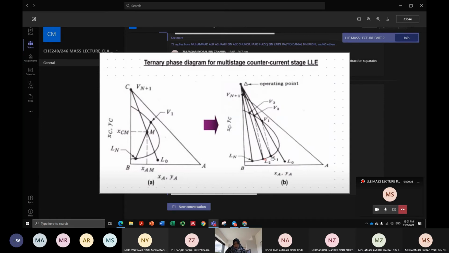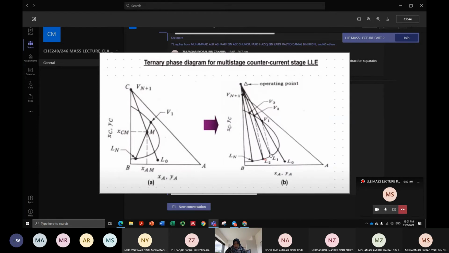Okay, first stage. So the next thing that you need to do is connect your L1 to the operating point. When you connect L1 to the operating point, or develop a straight line between L1 and the operating point, you're going to see another intersection occur at this position.